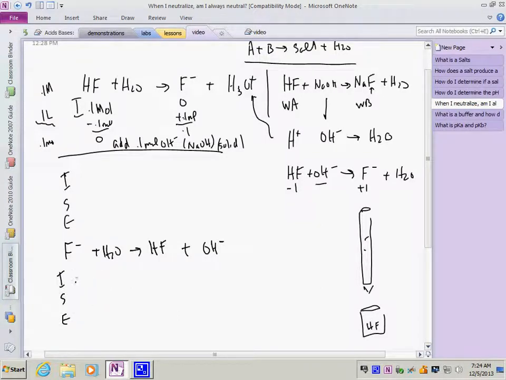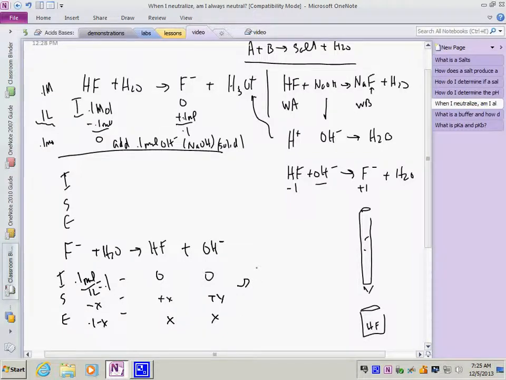I have 0.1 moles still in 1 liter. This is the part that would change if I'm adding volumes together, and that's the only part. I would still have my same moles. I'll just need to divide by the newer, larger volume to get my new molarity. In this case, I have to stay at 0.1. Water is not playing a role. 0, 0, minus x plus x plus x, 0.1 minus x, x, and x.